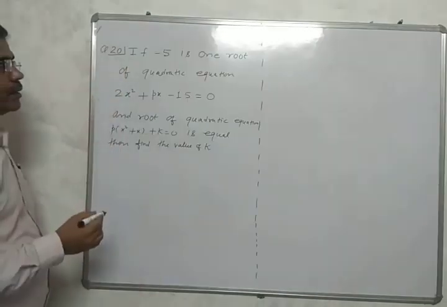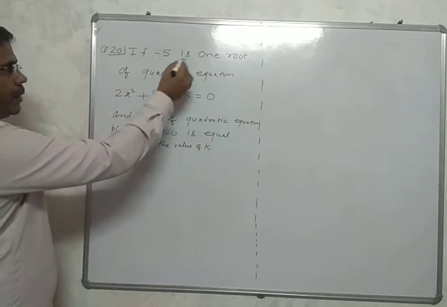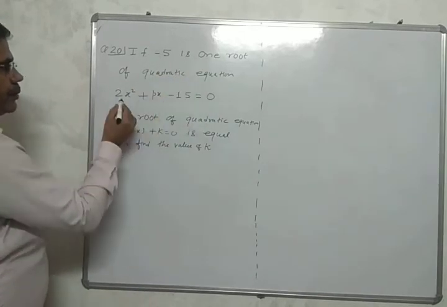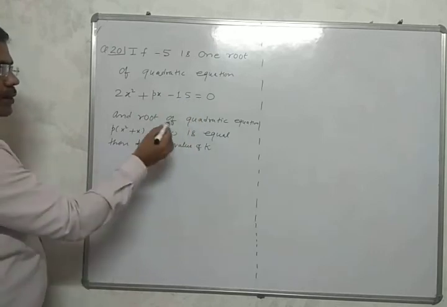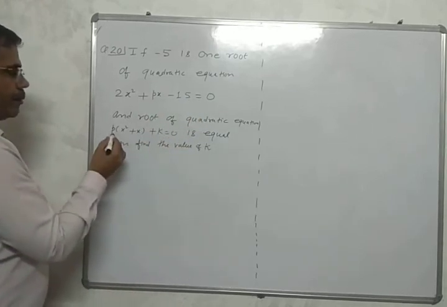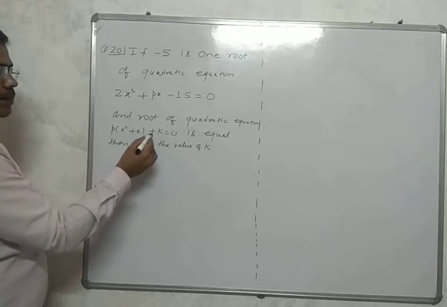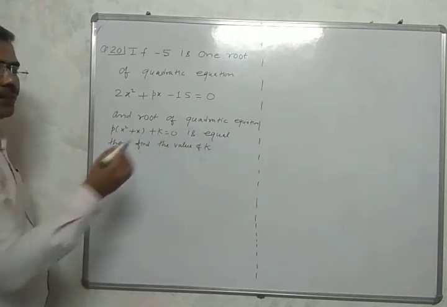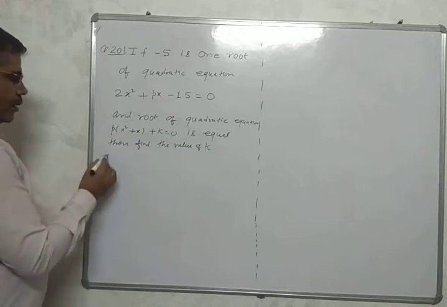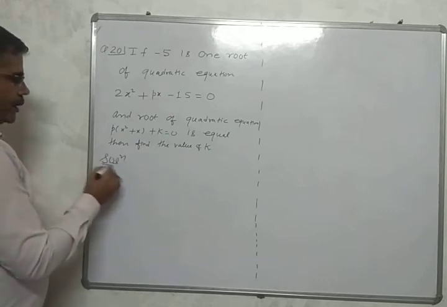Question number 20. If minus 5 is one root of quadratic equation 2x square plus px minus 15 equals to 0, and roots of quadratic equation p times of x square plus x plus k equals to 0 are equal, then find the value of k. Here two conditions are given.